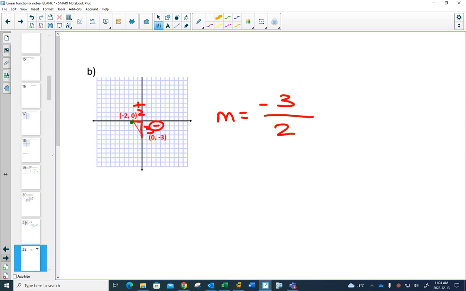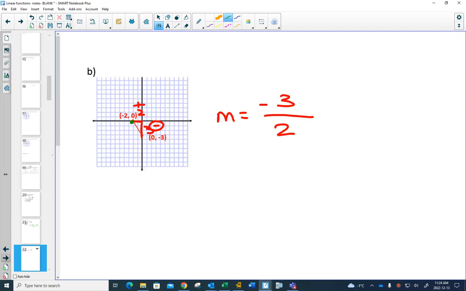So if you choose a starting point and you think, okay, I'm going to the right, but then I'm going down, positive over a negative will give me a negative. But most students just remember, if we're going down from left to right, then it's negative. Think about your mark going down. That's not good. That's negative. Going up, that would be positive. Things would be better.